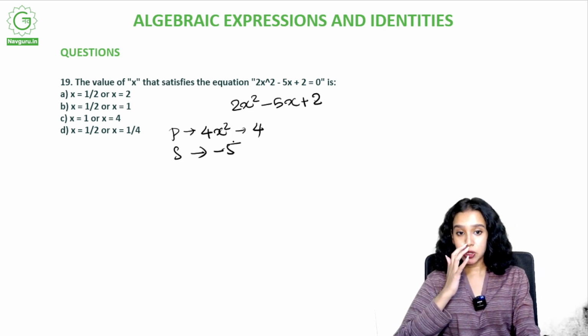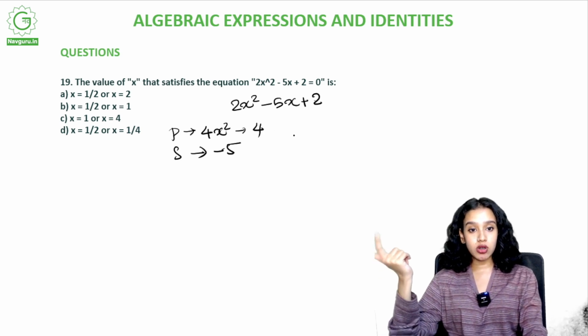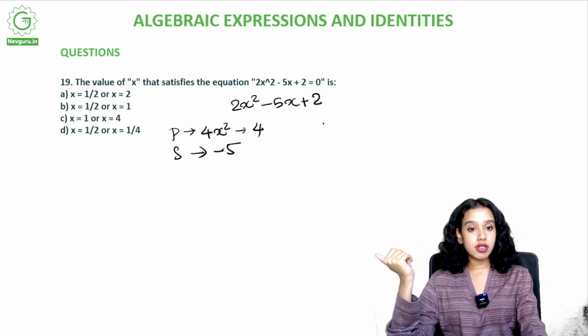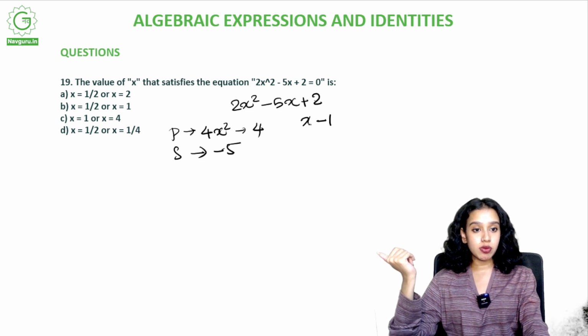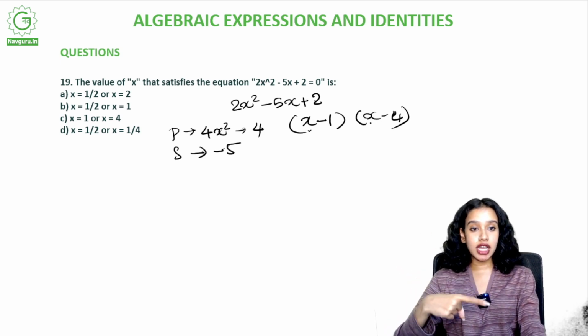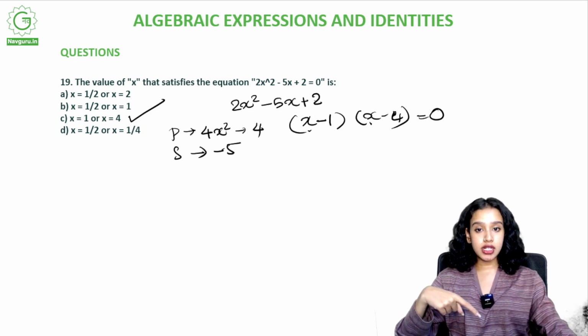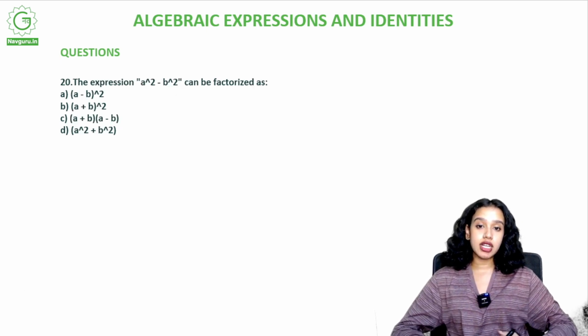So, the sum should be minus 5 and the product should be 4. It means that they should be two negative numbers, and if we take x minus 1 and x minus 4 as the factors, either x should be 1 or x should be 4 for this equation to be 0. So, 1 or 4 is the right answer. Now, let's move on to the next question.